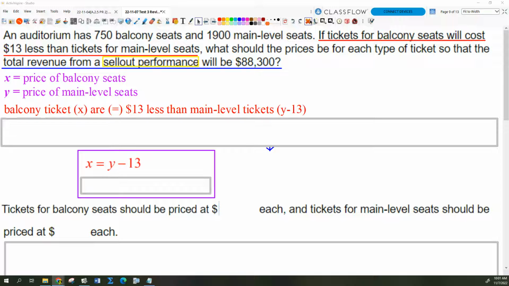They're telling us that the auditorium has a total of 750 balcony seats. We're going to sell all of those, right? And it has 1,900 main level seats, and it's a sellout, so we're selling all of those. We want the total revenue to be 88,300. What's going to be the revenue from the balcony seats if each ticket costs X dollars and we're selling 750 of them?